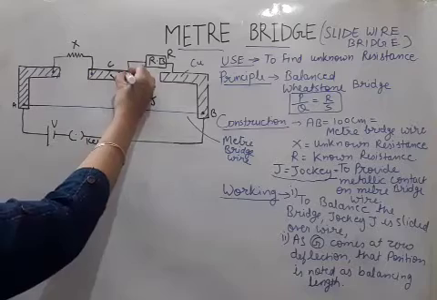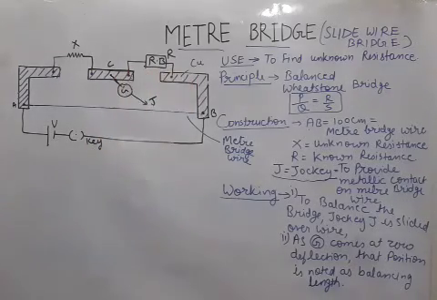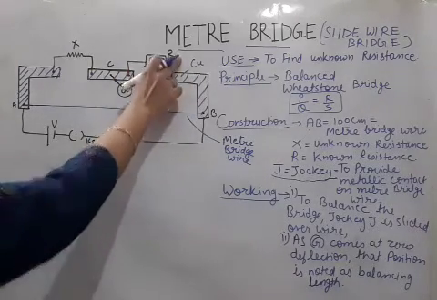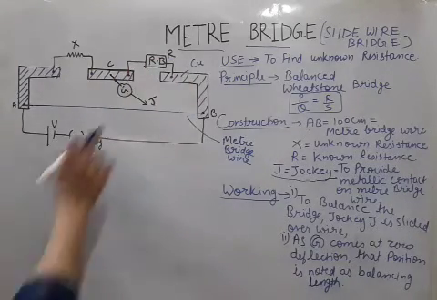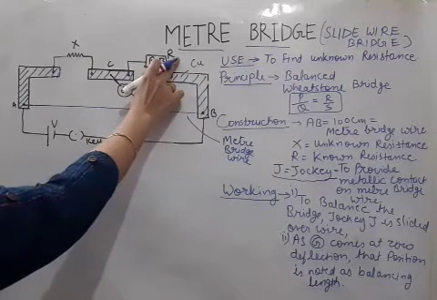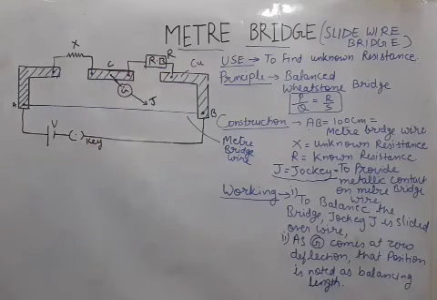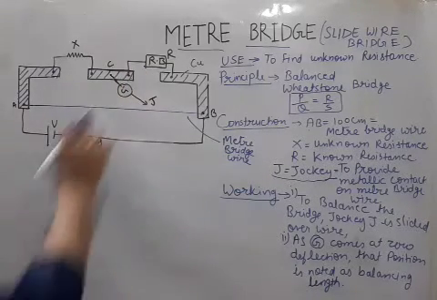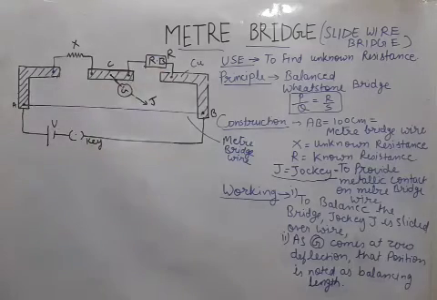And between the second gap we connect the known resistance R. Now how do we get the known resistance? In the lab we have the resistance box. RB means resistance box. A resistance box is one in which known resistances are connected, and whichever value we want, we can use between these 2 points.